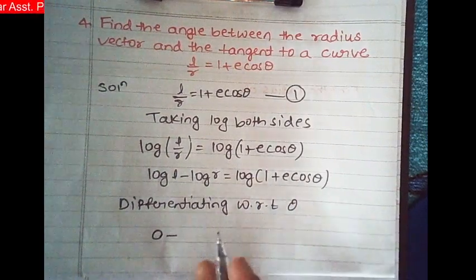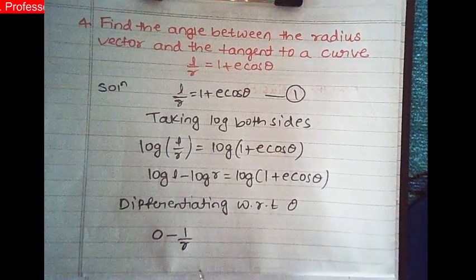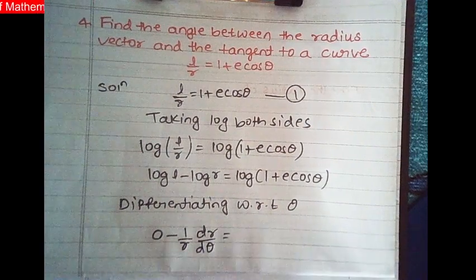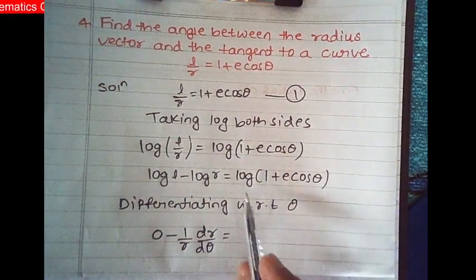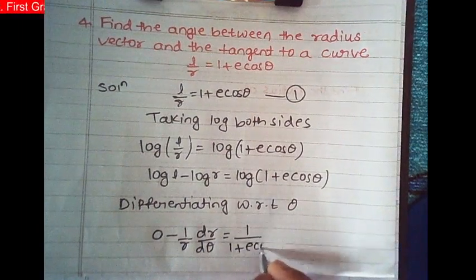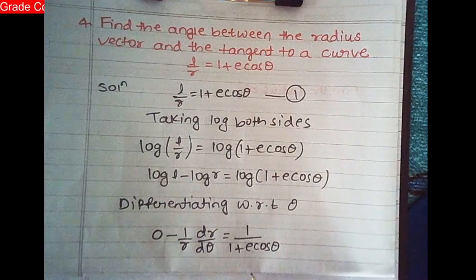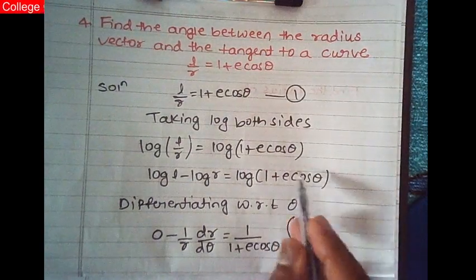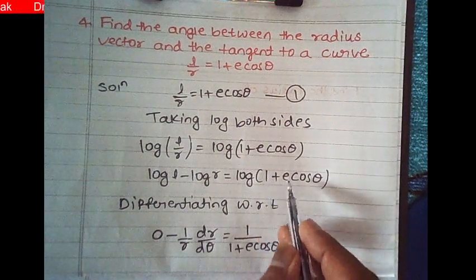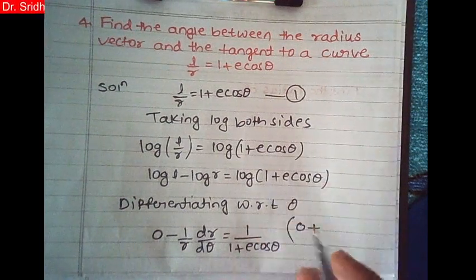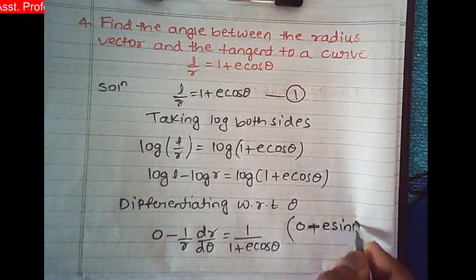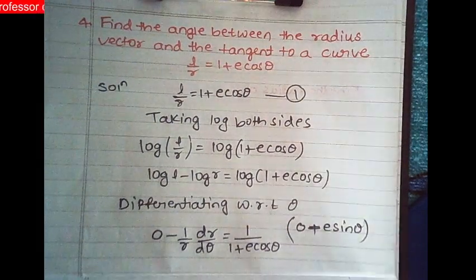Next, the differentiation of log r is 1/r dr/d theta. Again, the differentiation of log x is 1/x, so it is 1 divided by (1 + e cos theta) into the differentiation of 1 + e cos theta: the constant gives 0, and the differentiation of cos theta is minus sin theta, so it is minus e sin theta.